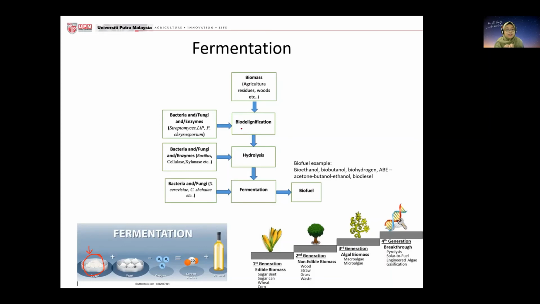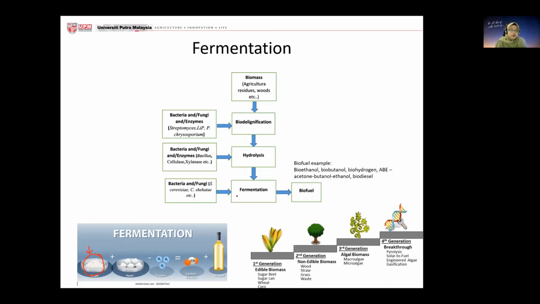After the delignification, it undergoes hydrolysis, where the cellulose and hemicellulose will be broken into much simpler sugars, and then that will be fermented by the microbe of your choice into the type of biofuel of your choice. So it totally depends on your own design. What types of microbes you use will give different types of biofuel.